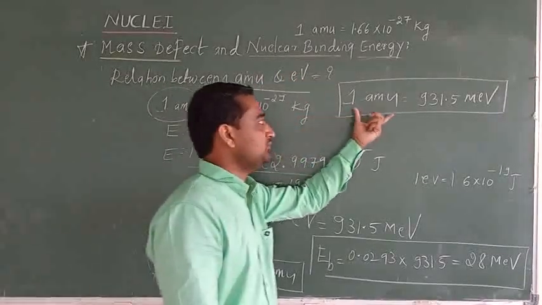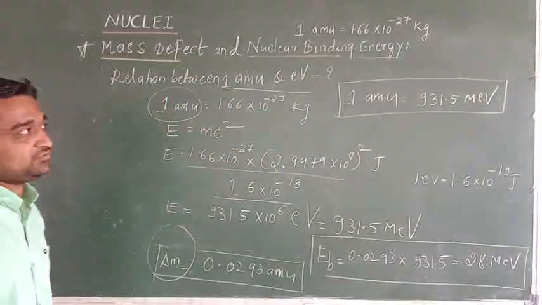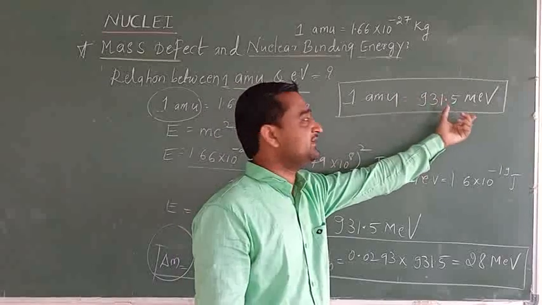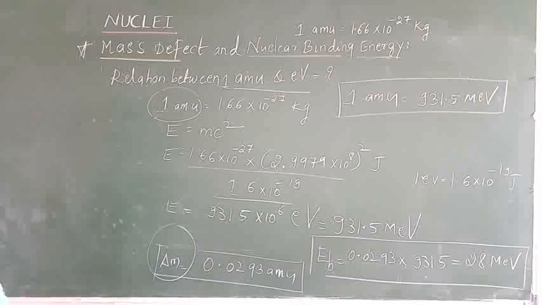So 1 AMU is equal to what? 931.5 mega electron volt energy. So 1 AMU mass is equal to energy, it is 931.5 mega electron volt, right?